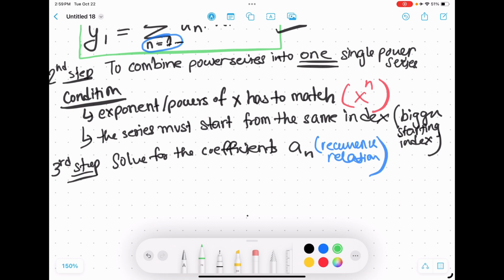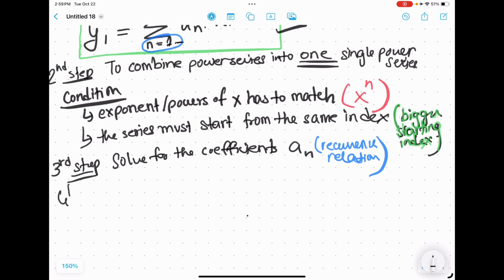I should have used a green color for this condition. You know what? I'm just going to write this. It looks nicer. It's all about presentation. So that's my third step, that I need to solve for my coefficients. And once they're determined, I can finally write my solution.